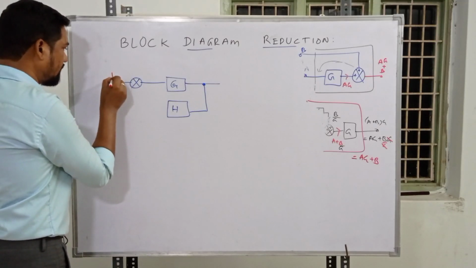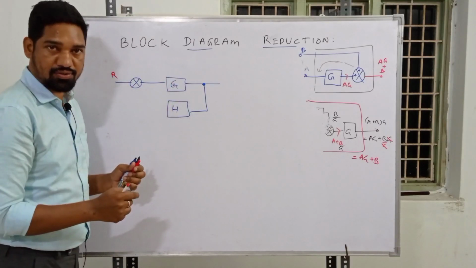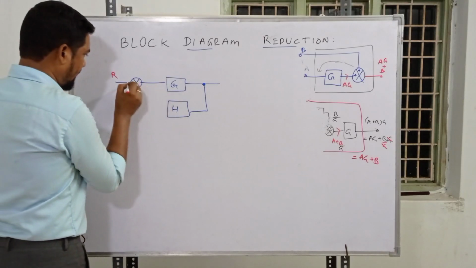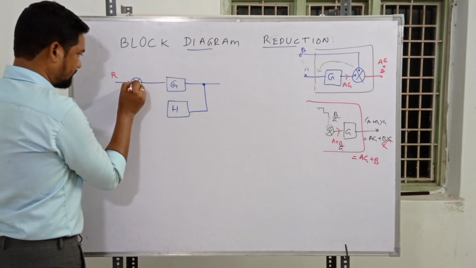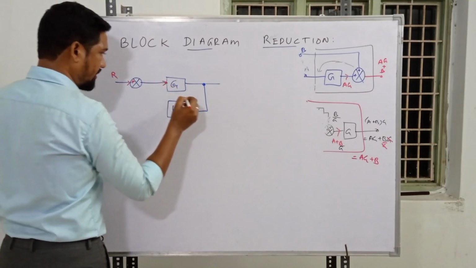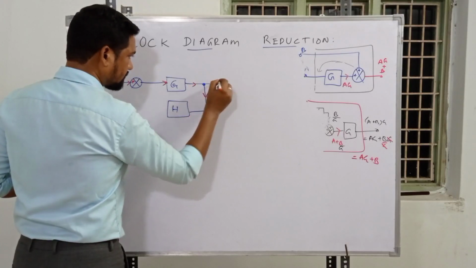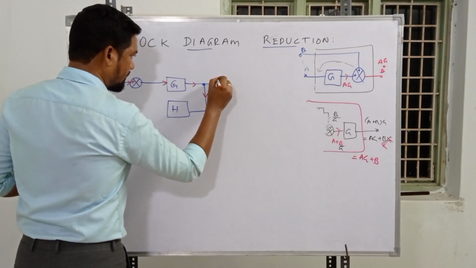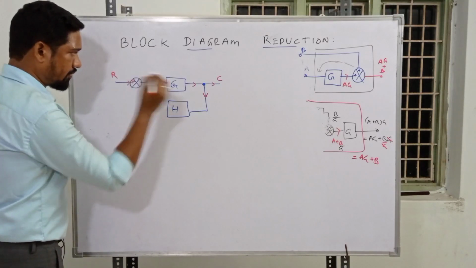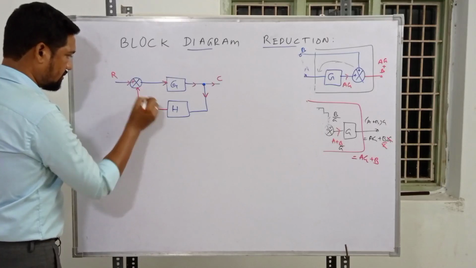Okay, let the input be R. We have G of S, H of S in S domain. For the time being, I'm not writing that as R, and the signal is flowing in this direction with positive. Okay, this is the output, C. Technically, that's the standard representation for the output, and this is the connection.